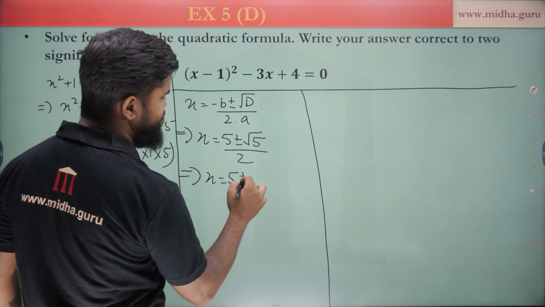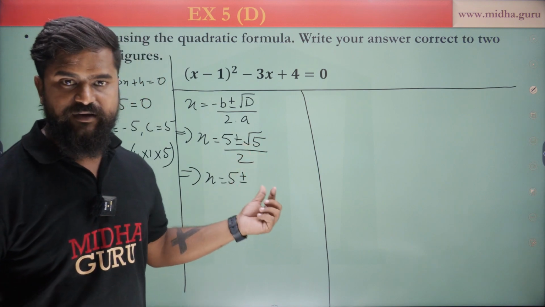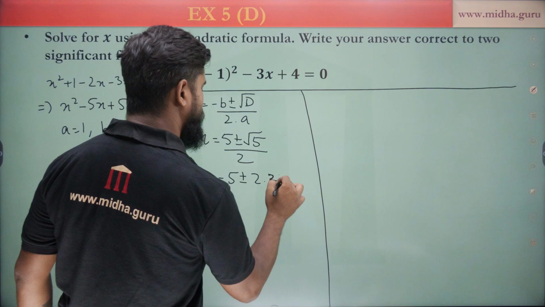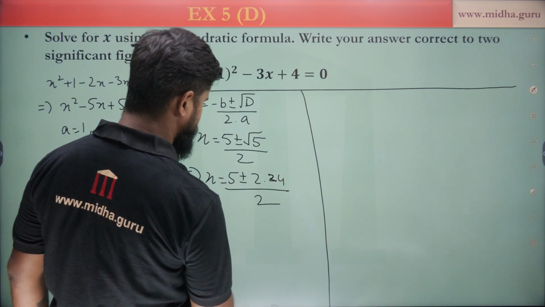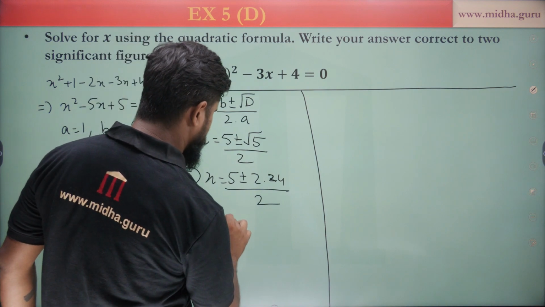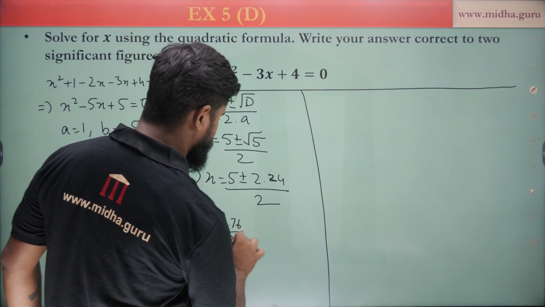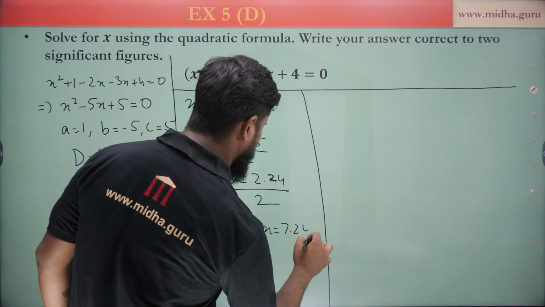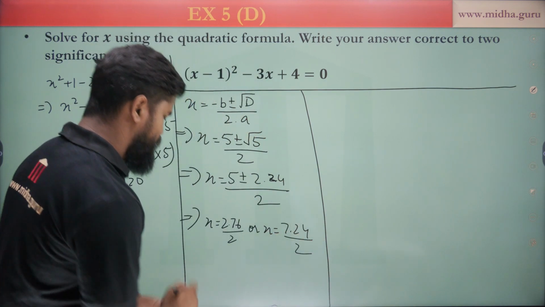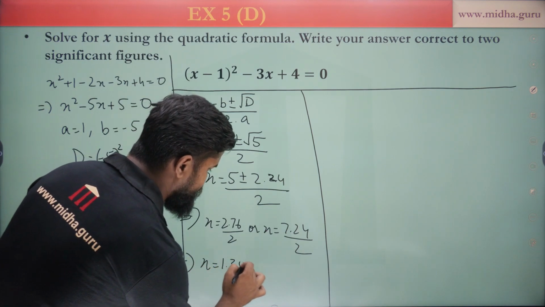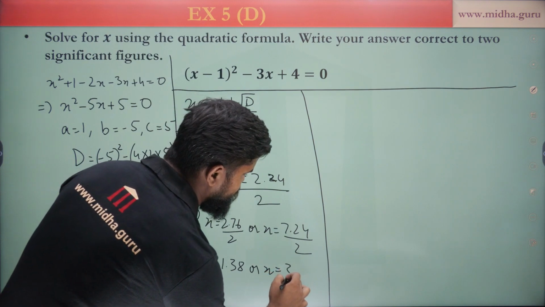So x is equal to 5 plus or minus, we don't know the root of 5, so we go back to our square root tables where it is given as 2.24 by 2. So now 5 minus 2.24 will give us 2.76 by 2, and 5 plus 2.24 will give us 7.24 by 2. So now we get the values, x is equal to 1.38 or x is equal to 3.62.